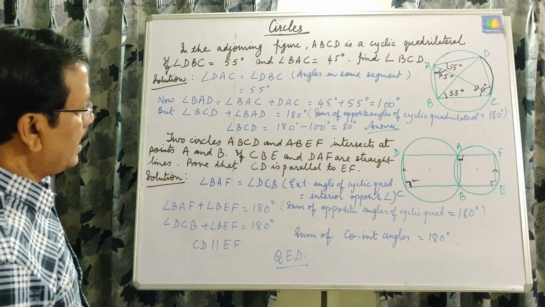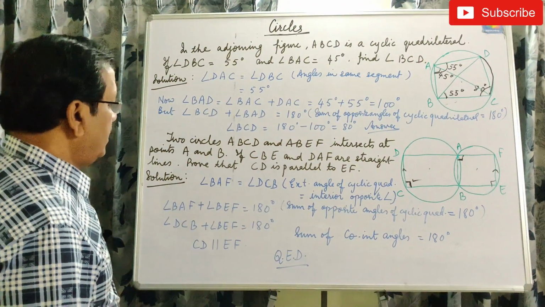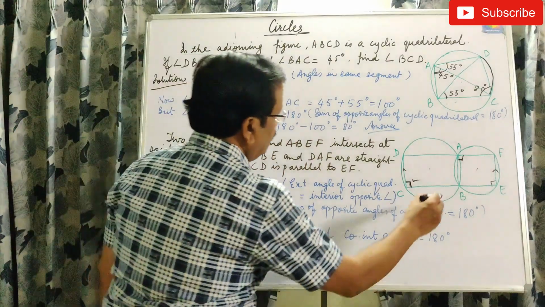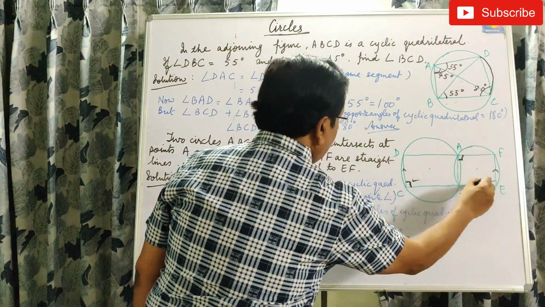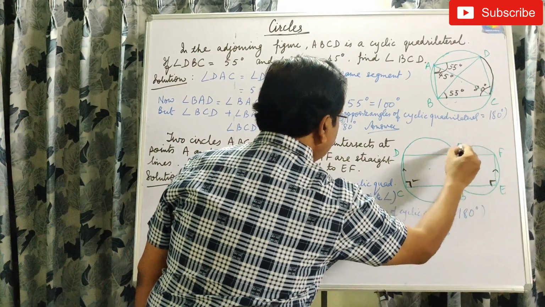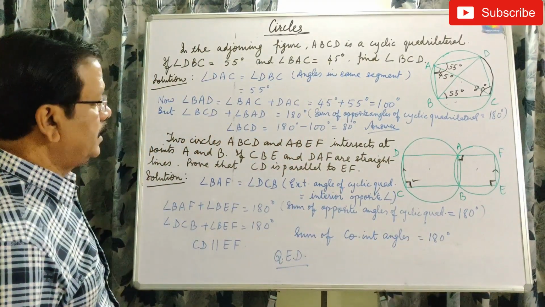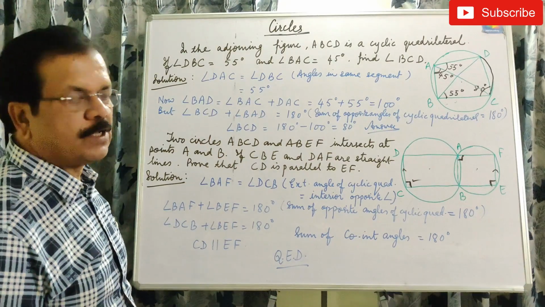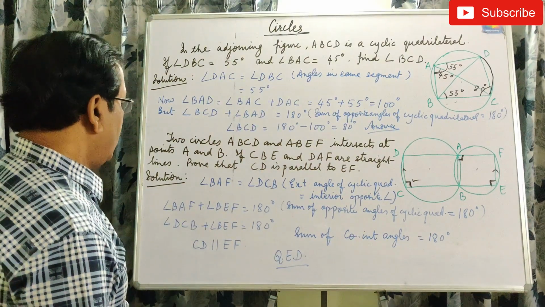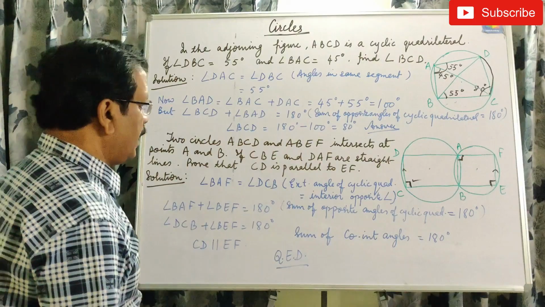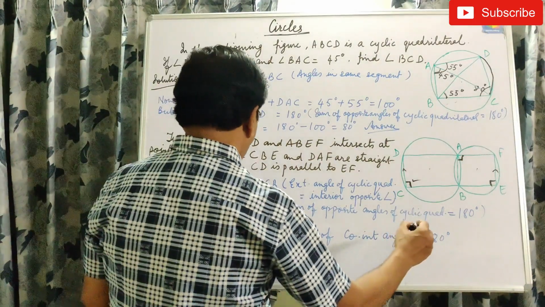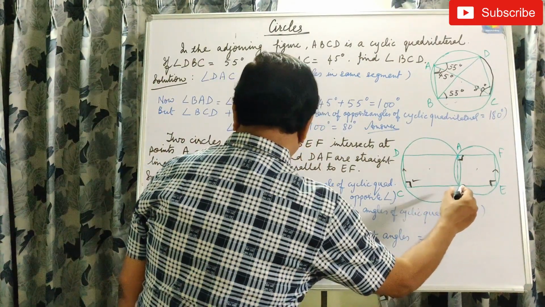Okay, and angle BAF plus BEF, this angle plus this angle, again this is also a cyclic quadrilateral, is equal to 180 degrees, because the sum of opposite angles of a cyclic quadrilateral is 180 degrees, and BAF is equal to DCB.